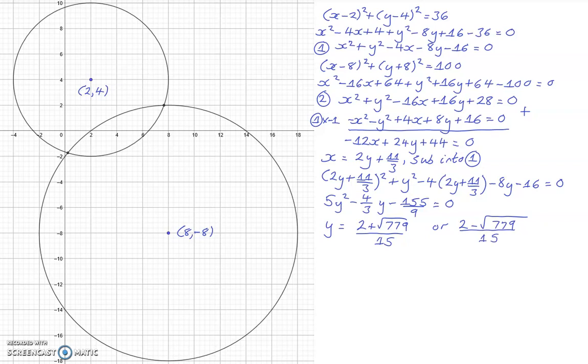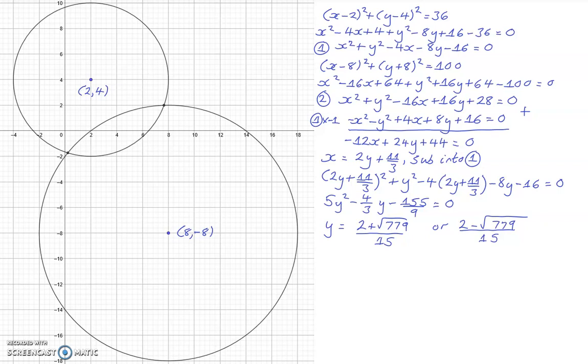So these are the exact y coordinates of the 2 points of intersection of the circles. The next thing to do is to find the x coordinates for each y value.